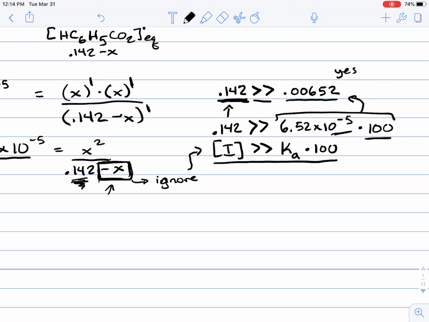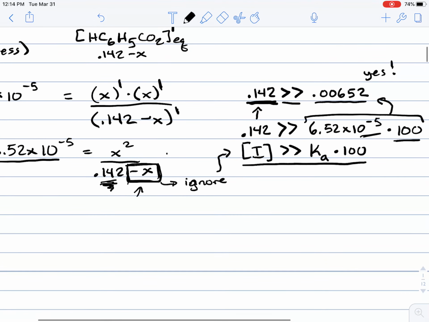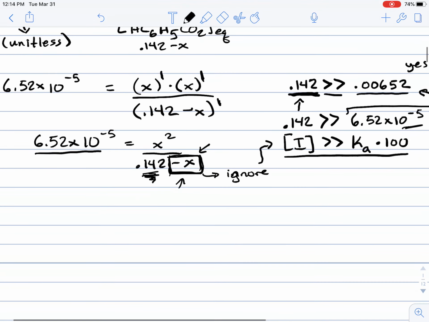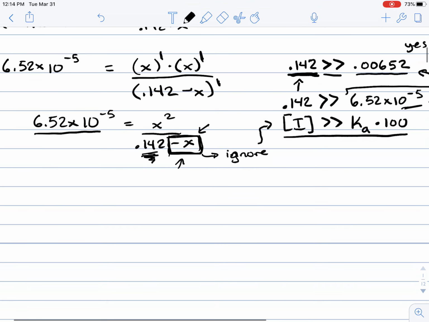If you did say yes, then that means that you can ignore this bottom x. What this is telling us is that this change is not going to affect the initial concentration all too much.